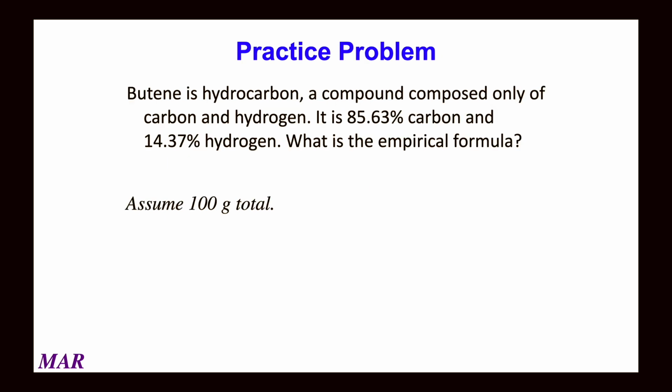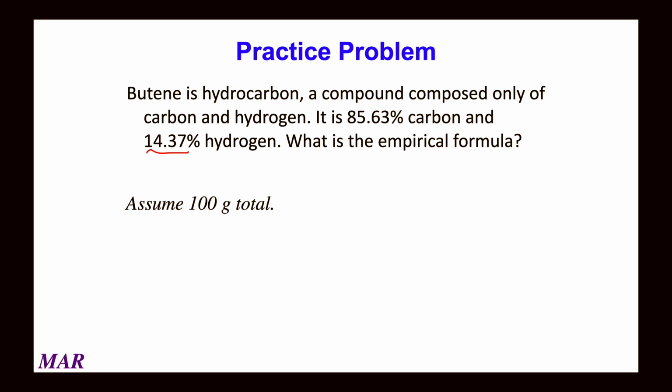Here's another example. Butene is what they call a hydrocarbon, which is a compound with carbon and hydrogen. Once in a while they throw oxygen in, but that's another story. Anyway, butene is 85.63% carbon and 14.37% hydrogen. Let's find the empirical formula. And again, we're going to take these percentages, turn them automatically into grams, and then grams to moles.